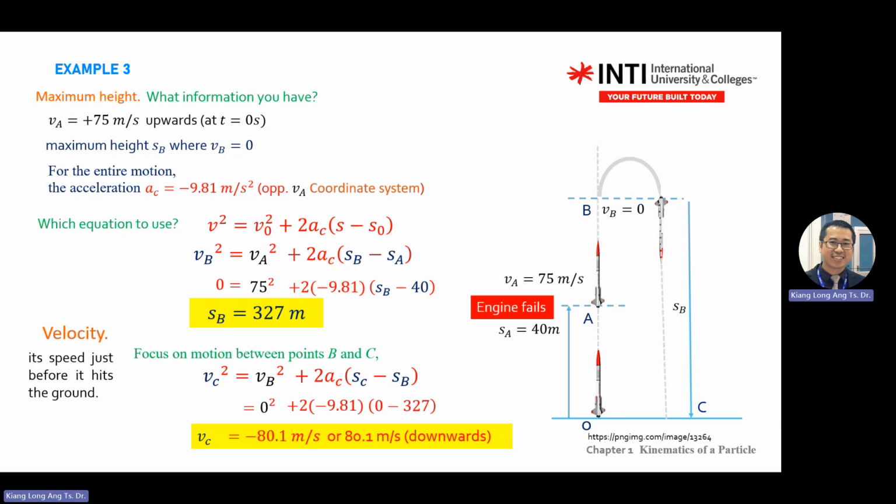If I still assume going up is positive for the rocket from B to C, velocity VB is 0, VC, where is the direction of velocity? Going down, right? So if I assume positive is up, my VC will be a negative value. So this is the difference if you use positive, negative, and so on.